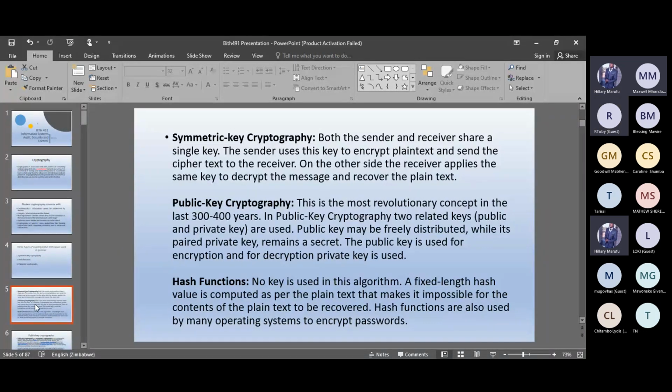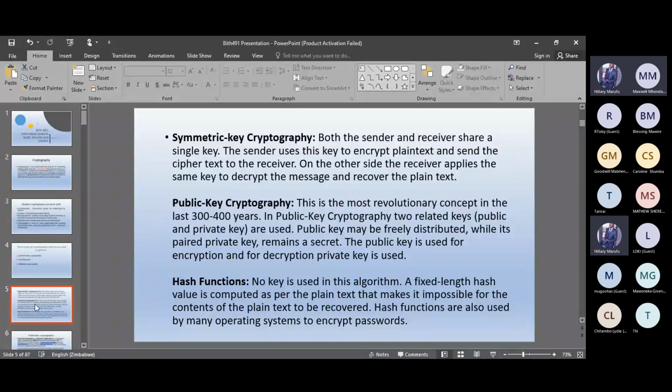We're going to dive deep into it as we proceed. These two, symmetric and public key, which could be called asymmetric, all have to do with confidentiality.